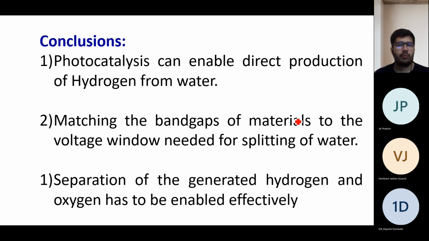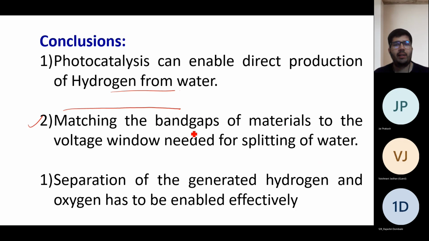So the conclusion from these slides is that photocatalysis can enable direct production of hydrogen from water. The second is matching the band gaps of the material to the voltage window needed for splitting of water. This is very important. We have to match the band gap values, otherwise water splitting will not be possible.